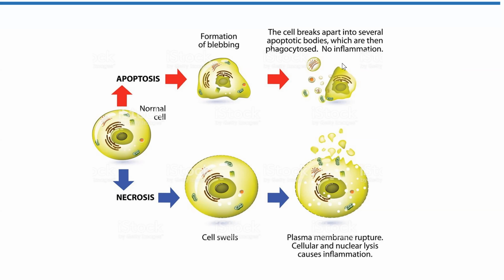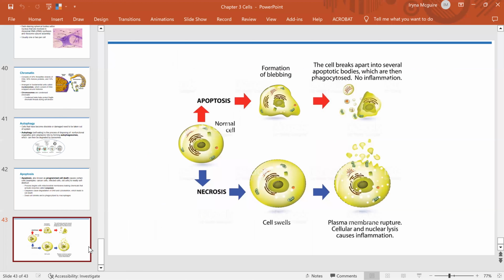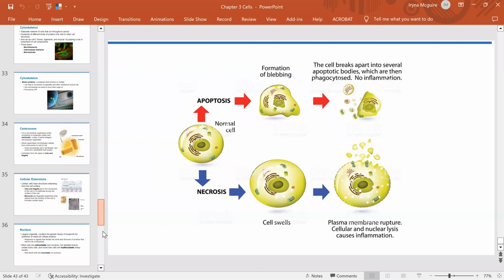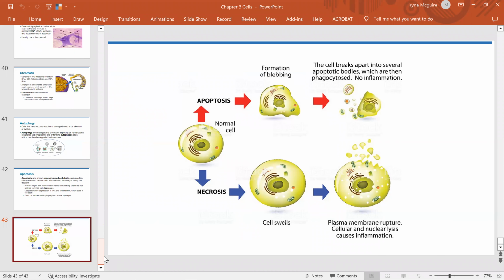So the cell breaks apart into several apoptotic bodies, which are then phagocytized, no inflammation. Necrosis is death of a cell, but it's not controlled, it's not programmed. Cell swells and plasma membrane ruptures, causes inflammation. So that's a difference between apoptosis and necrosis. And that was the last slide that we covered.